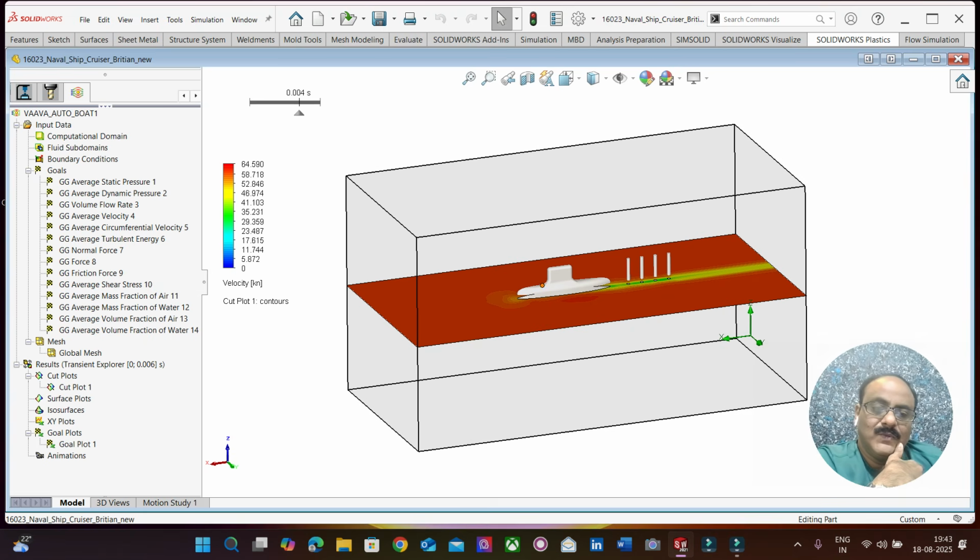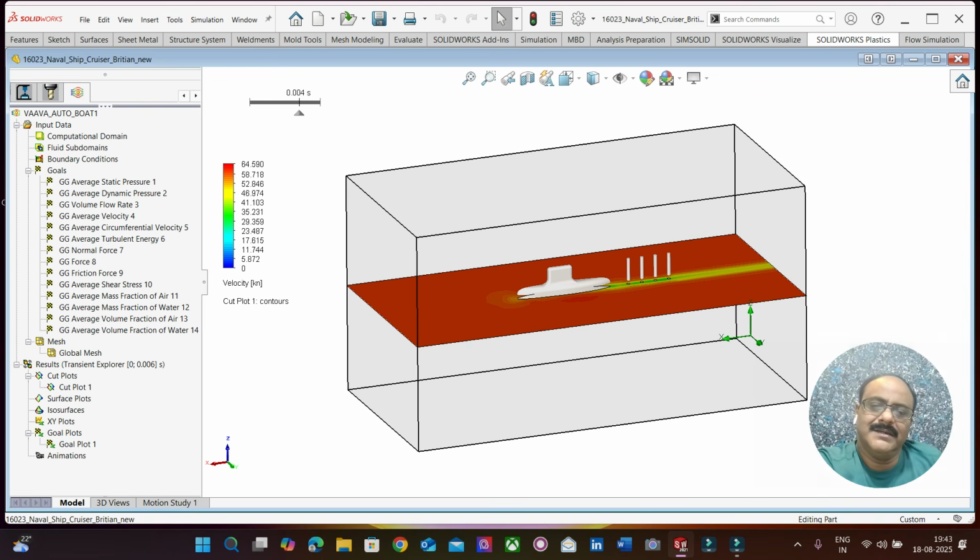So a 25-meter submarine is going to travel through a virtual cube whose length is about 1 kilometer, at the rate of 60 knots. That's how the problem definition can be given.